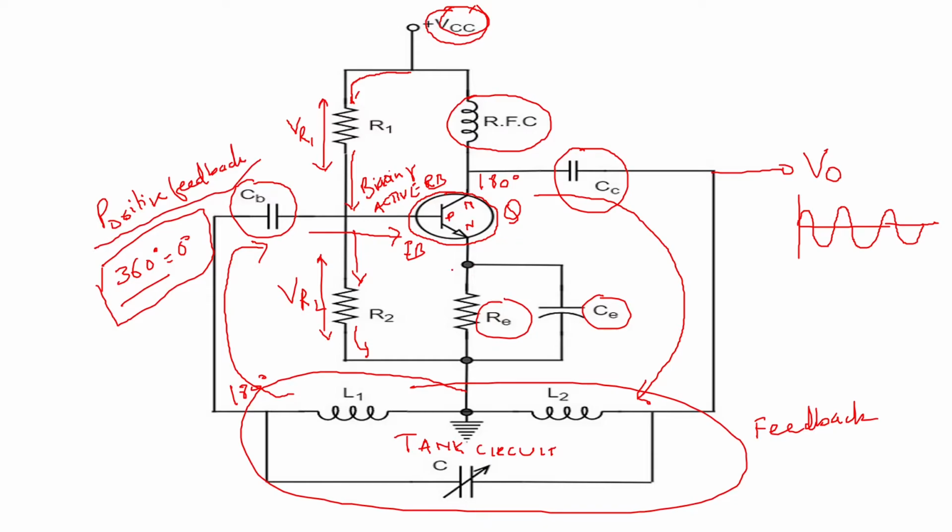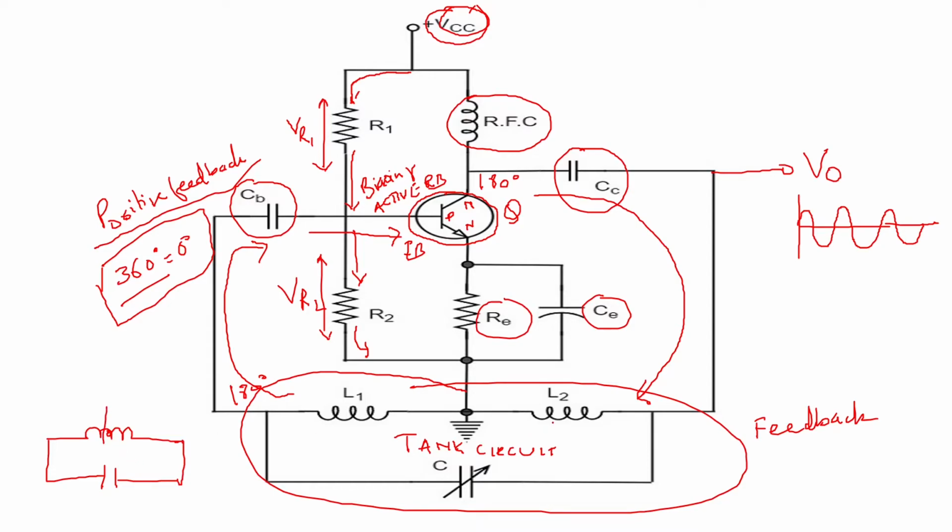Now here in this tank circuit, one specialty is that we are not having a tank circuit with an inductor and capacitor like this, whereas the inductor is split into two.